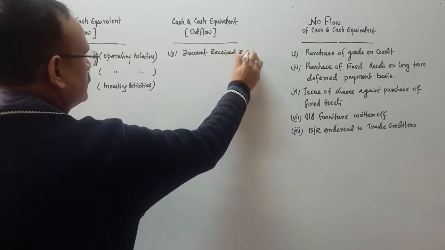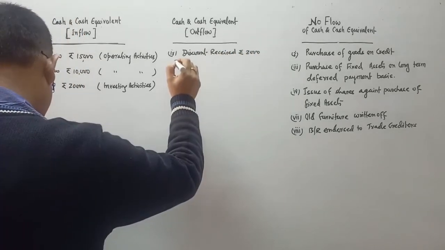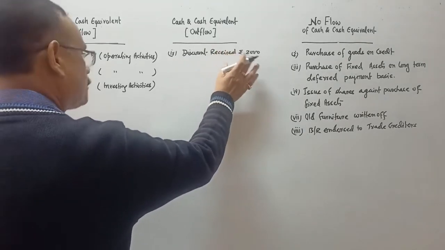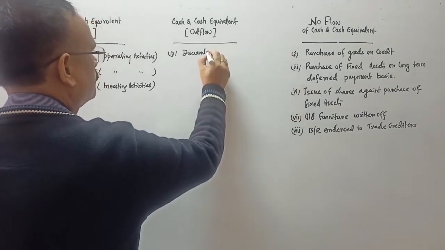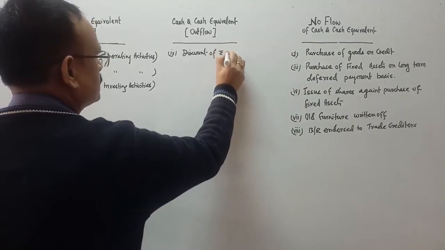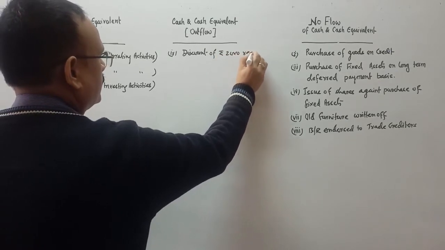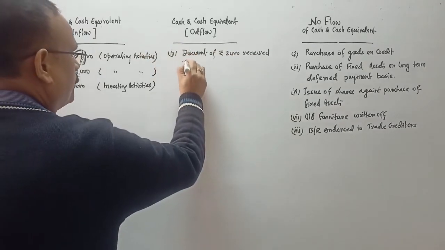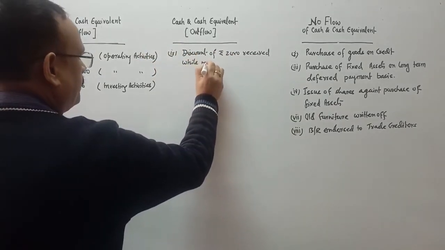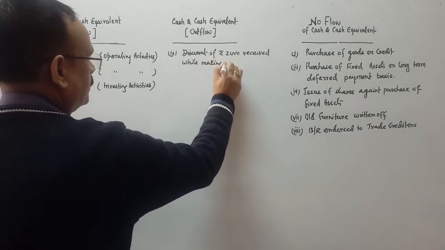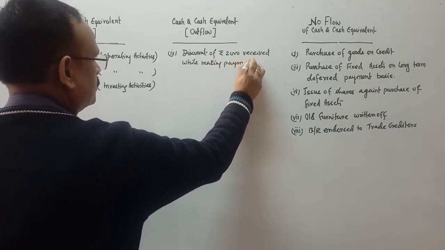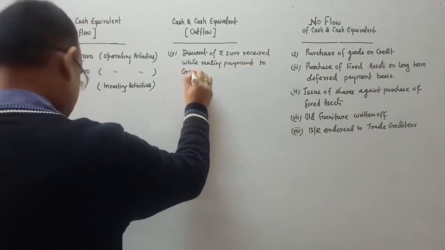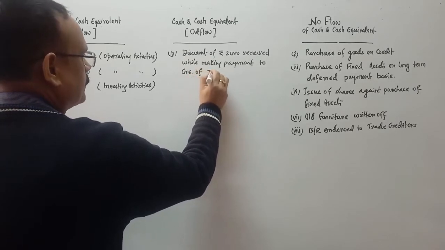Discount of rupees 2,000 received while making payment to creditors of rupees 20,000.